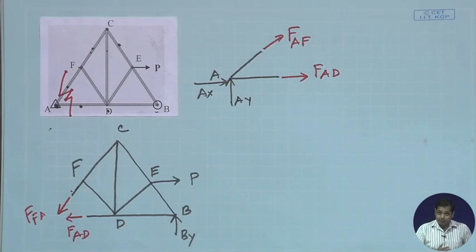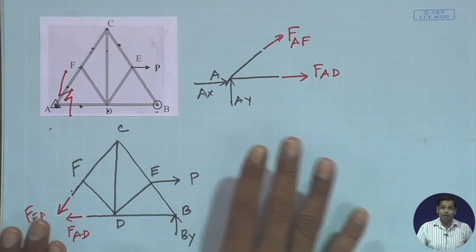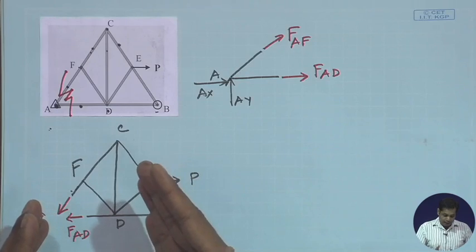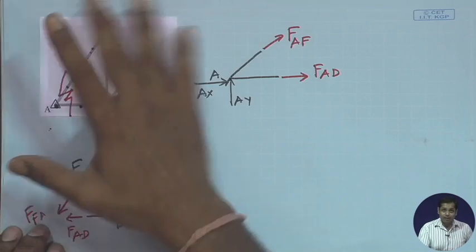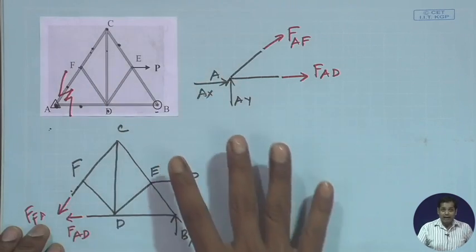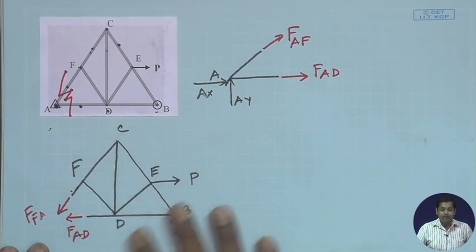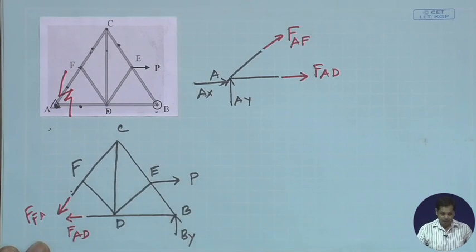Okay. Now, what is the difference between what we have just done and the method of joints we have discussed so far? In this case, we take a section from the structure, and this is the free body diagram of one section. This is the free body diagram of the other part.